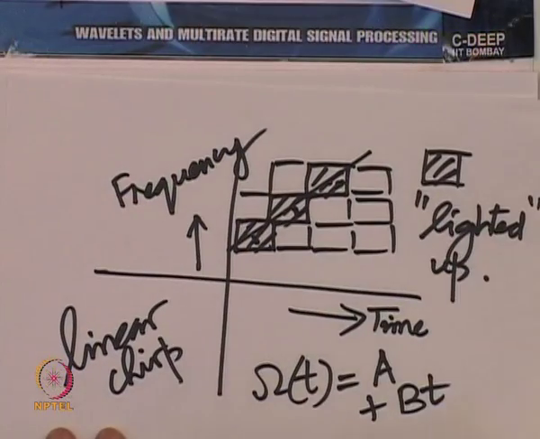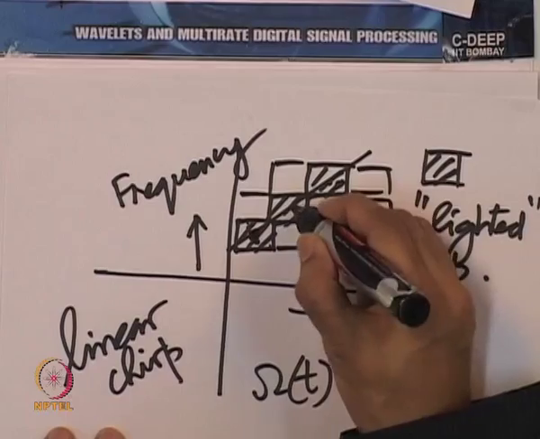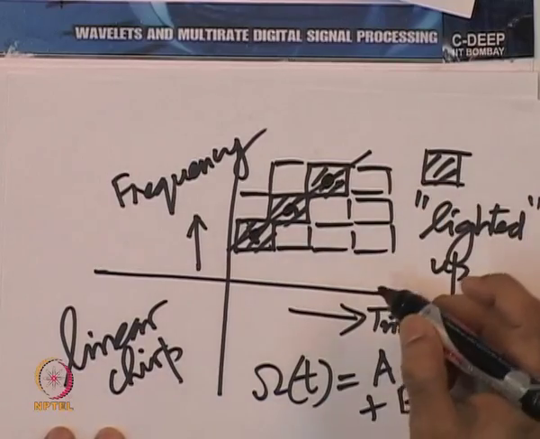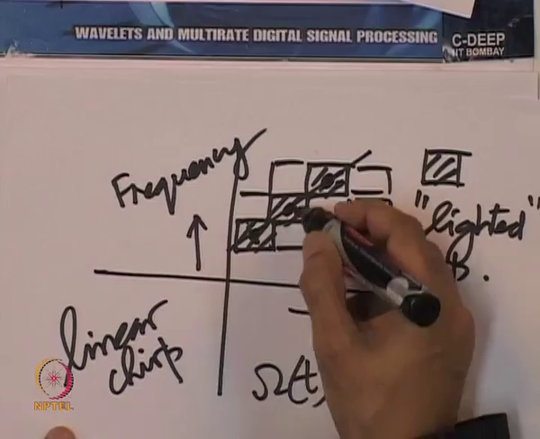So, here for example, if you look back at this time frequency plane, each of these rectangles would correspond to a single point here. So, it would show this point and this point, the ones that lie on the line as lighted up. All right. So, these points would be lighted up here, but you cannot go closer than these points.